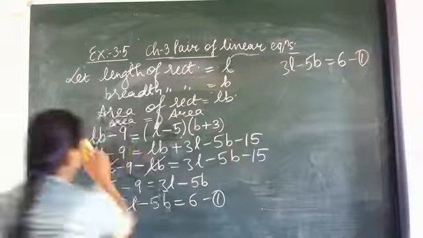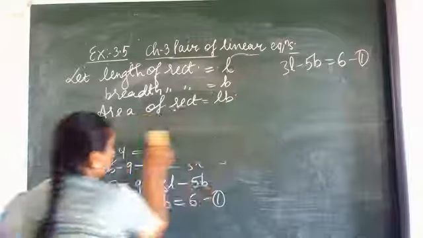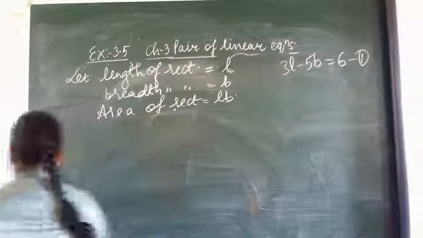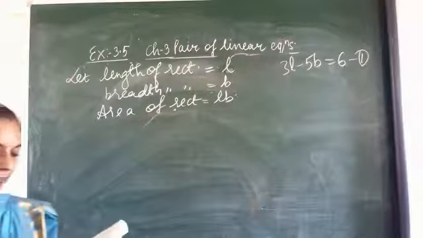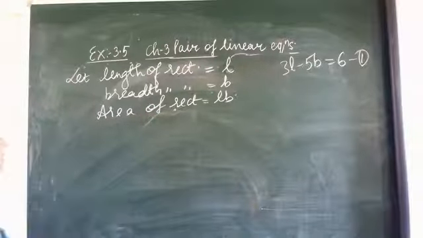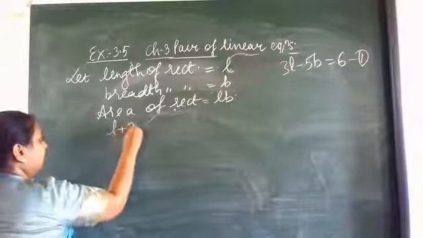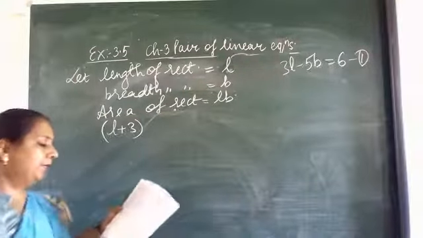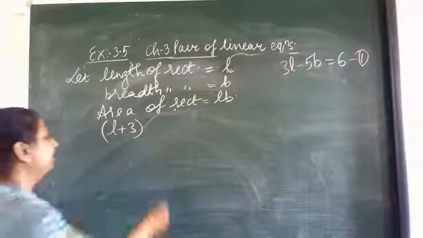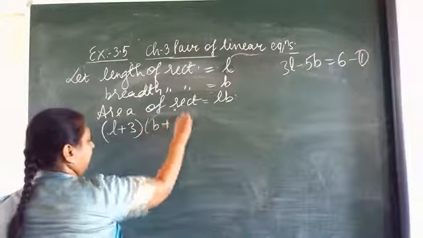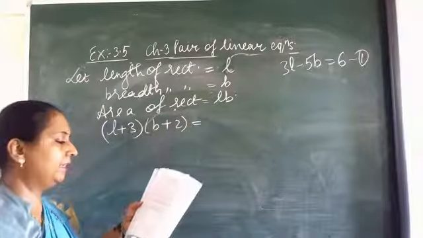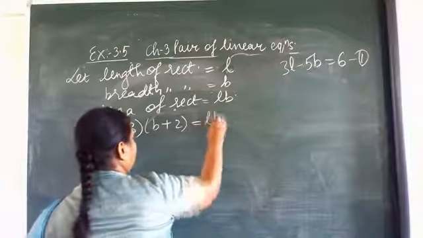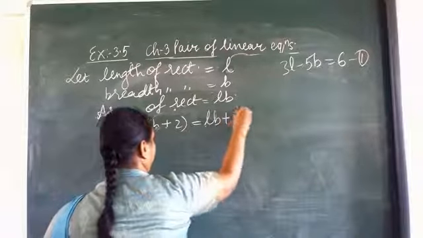Now again, according to the second condition, what is given? If we increase the length by 3 units, means L plus 3 is multiplied by the breadth also increased by 2, then this area is equal to the area increased by 67 units. So the area is LB plus 67.